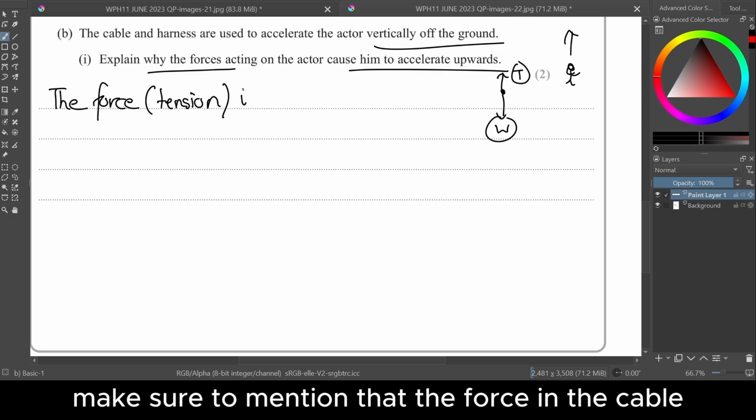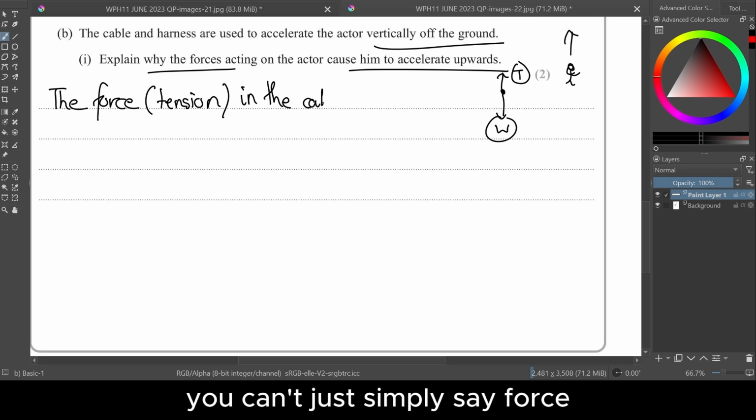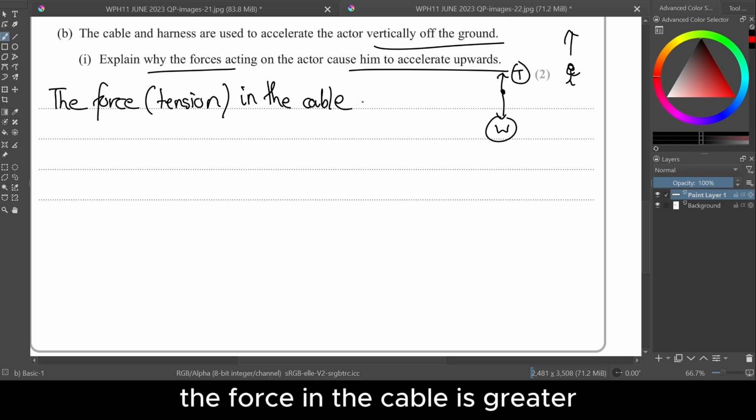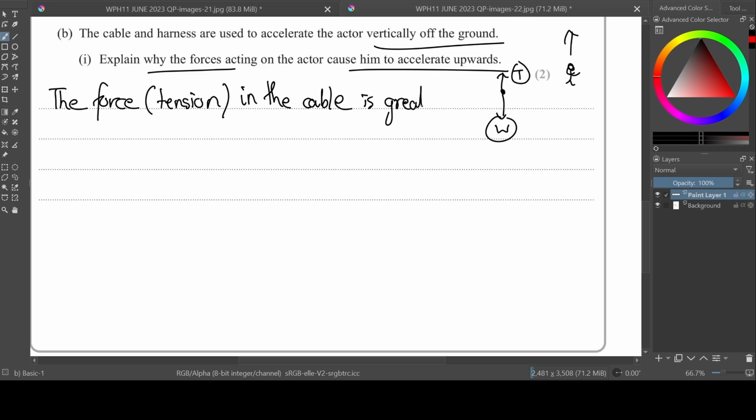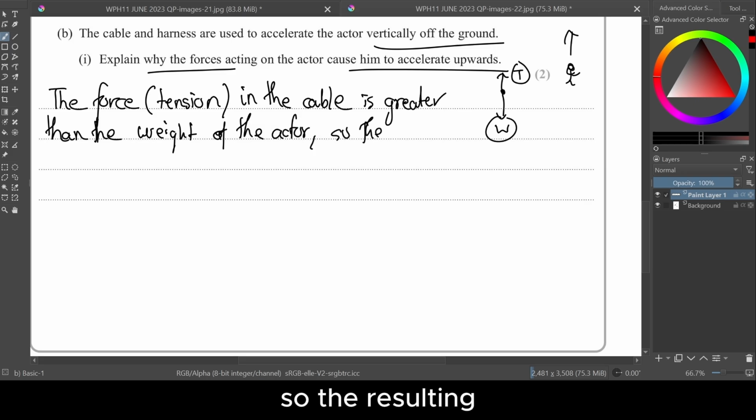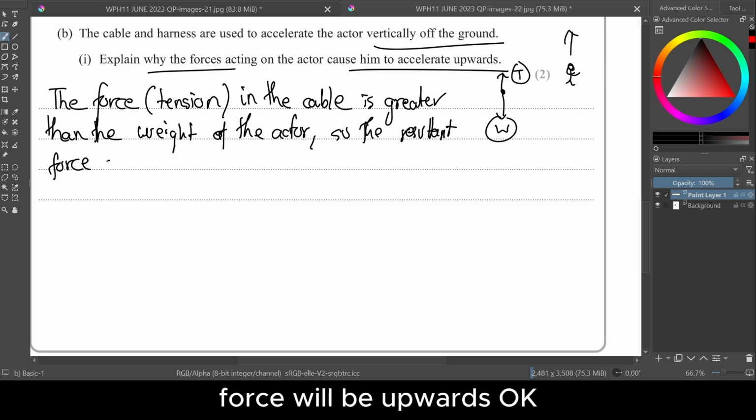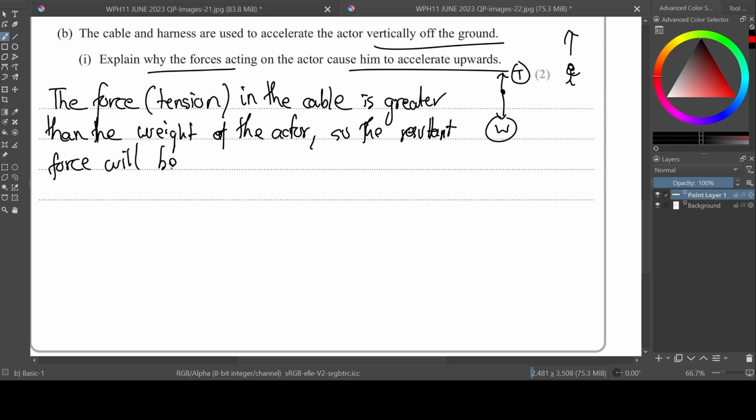Make sure to mention that the force in the cable, you can't just simply say force, the force in the cable is greater than the weight of the actor, so the resultant force will be upwards. Okay, properly upwards. Okay, so yeah, this is your answer.